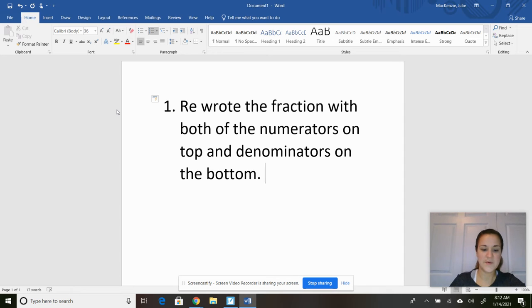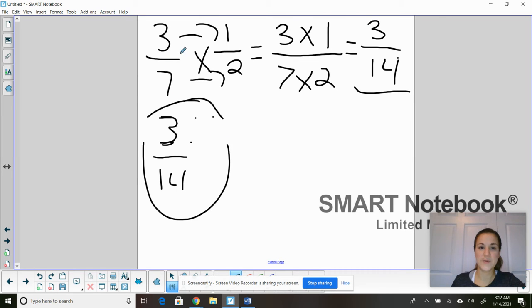So, for example, our numerators for this problem were 3 and 1, so we switched it to do 3 times 1, both on top. And the denominators were 7 times 2, and we put them both together.